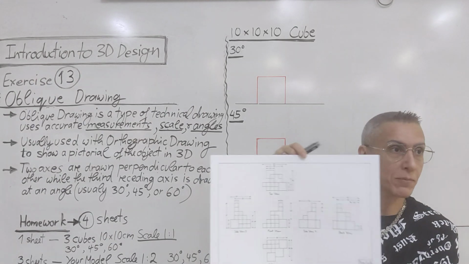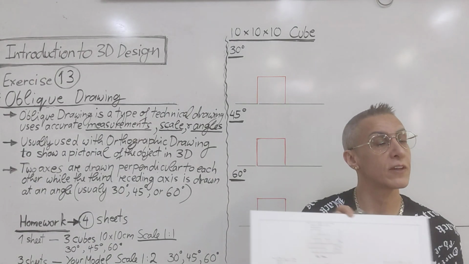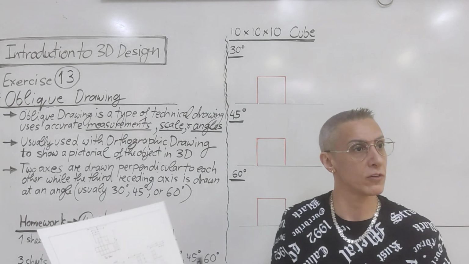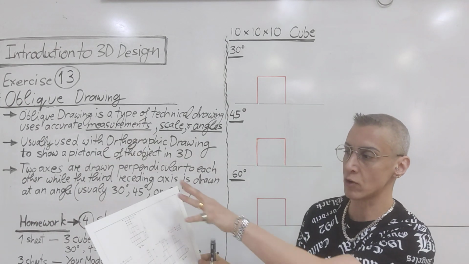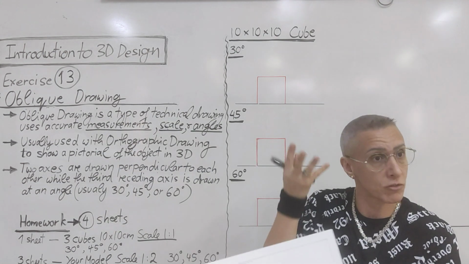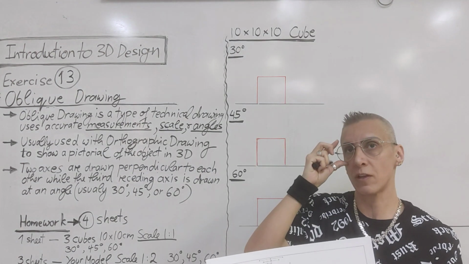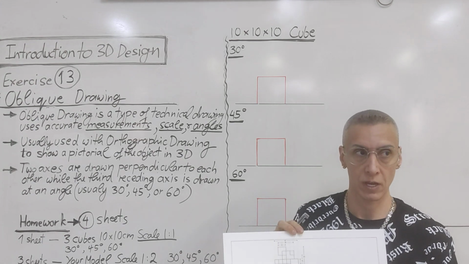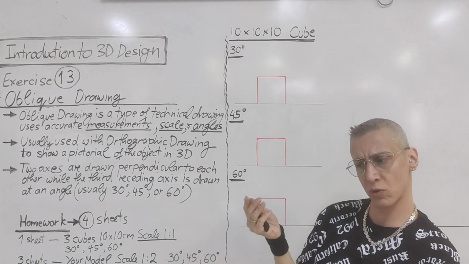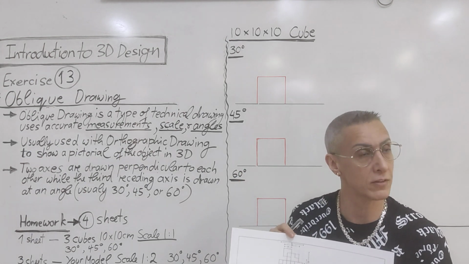But sometimes this type of drawing is not enough for someone to imagine this object in 3D. If it's a simple object, I can imagine what it looks like. But if you have a complicated object and you have just the orthographic, it's a little difficult for someone to look at it and immediately understand it.